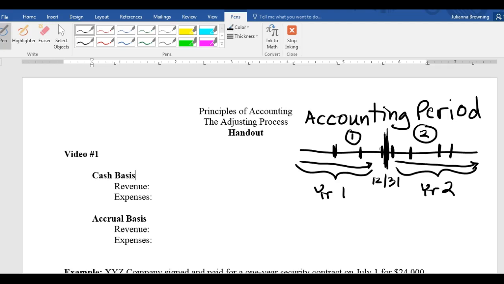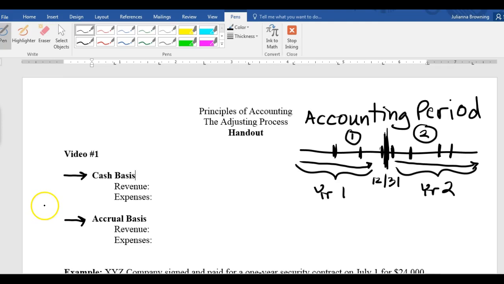So now that we know a little bit more about the accounting period concept, the next thing we need to look at is our basis of accounting. And there are two general bases of accounting. First, we have the cash basis, and the second is the accrual basis.